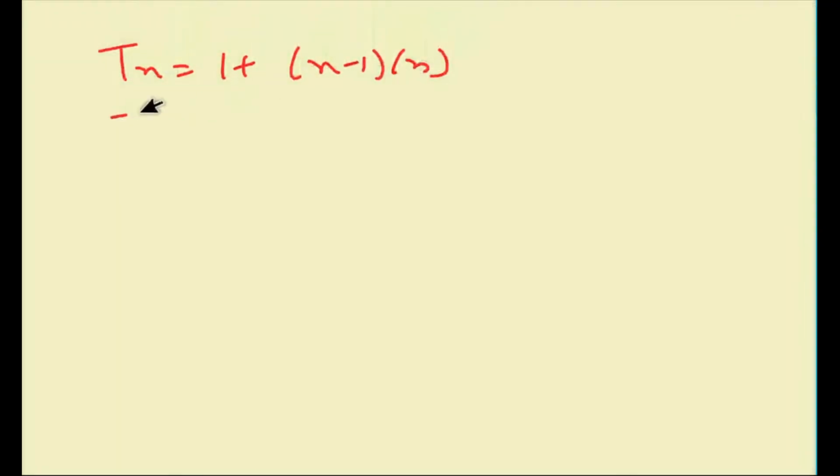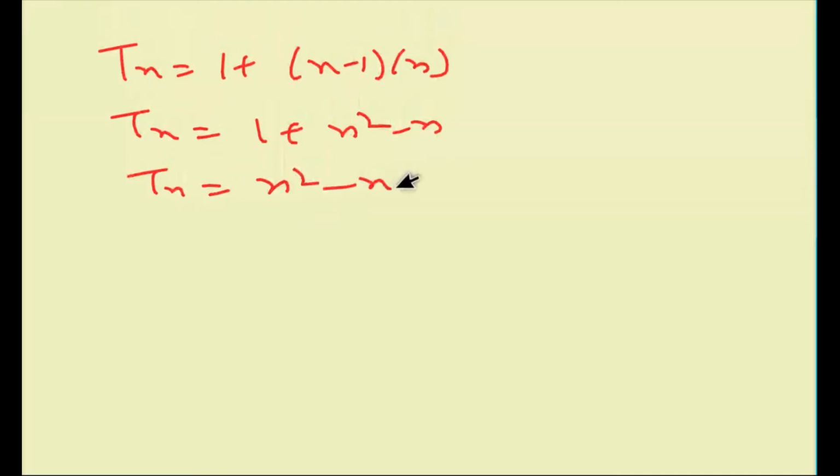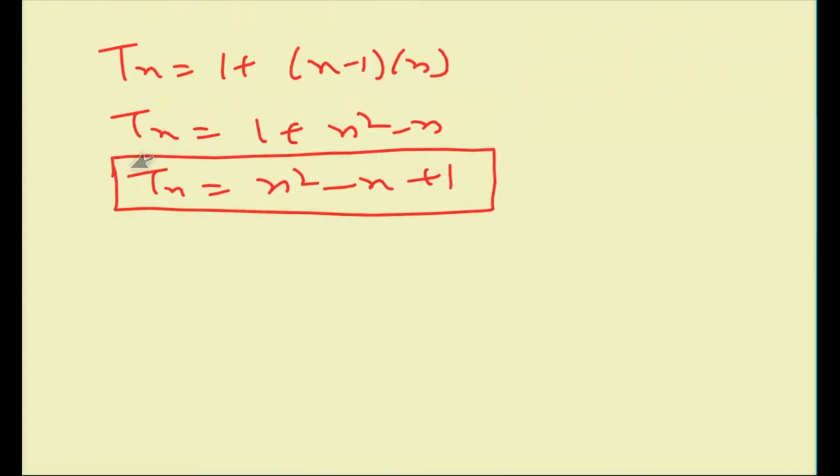So this way we are getting the nth term. Now Tn is n square minus n plus 1. So this way we will find the nth term by the difference method.